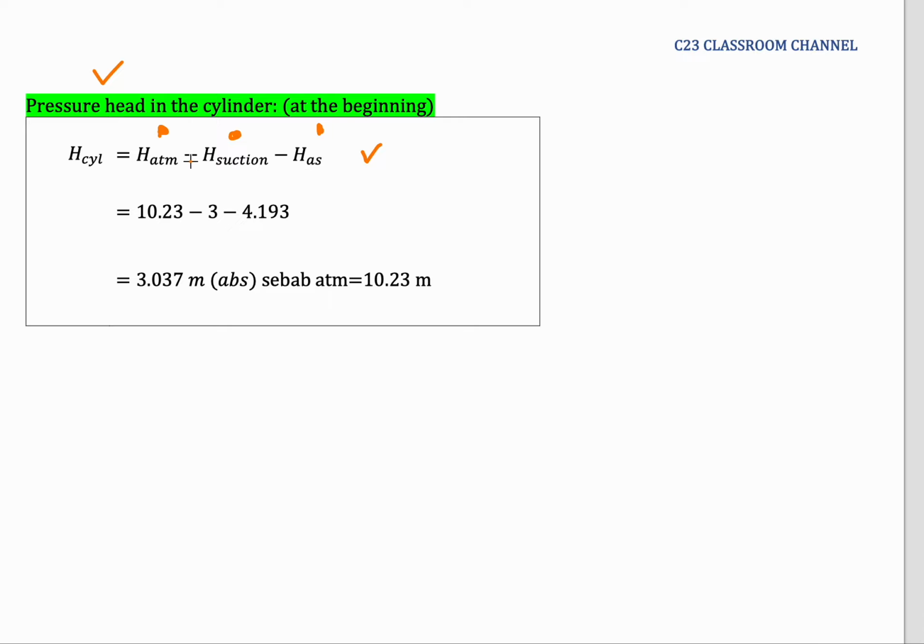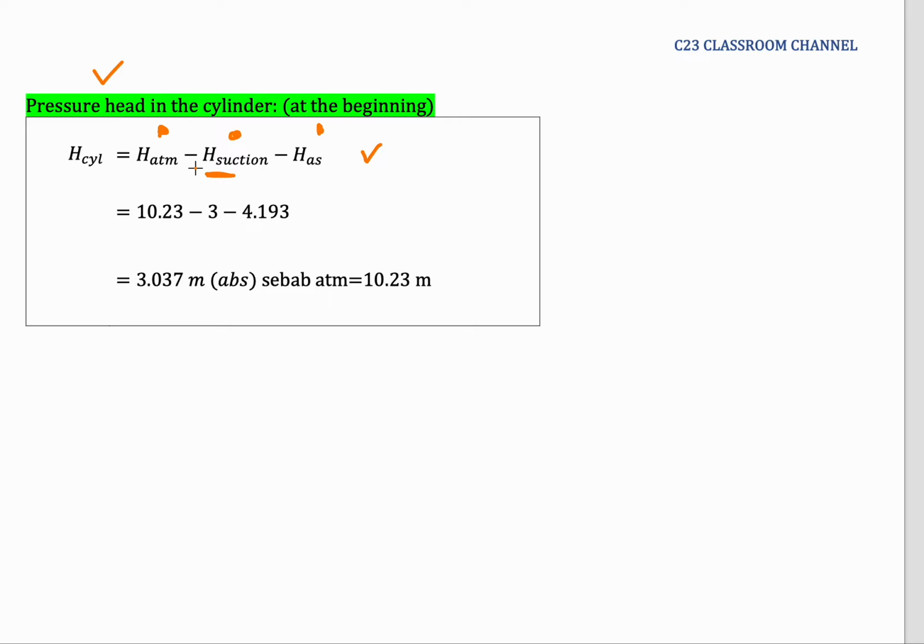So why do we need to minus all these things? The idea is simple, because we need to create a vacuum. Vacuum means we need to create a pressure which is less than the atmospheric pressure. I hope you could understand that. That is the very straightforward definition of the vacuum.